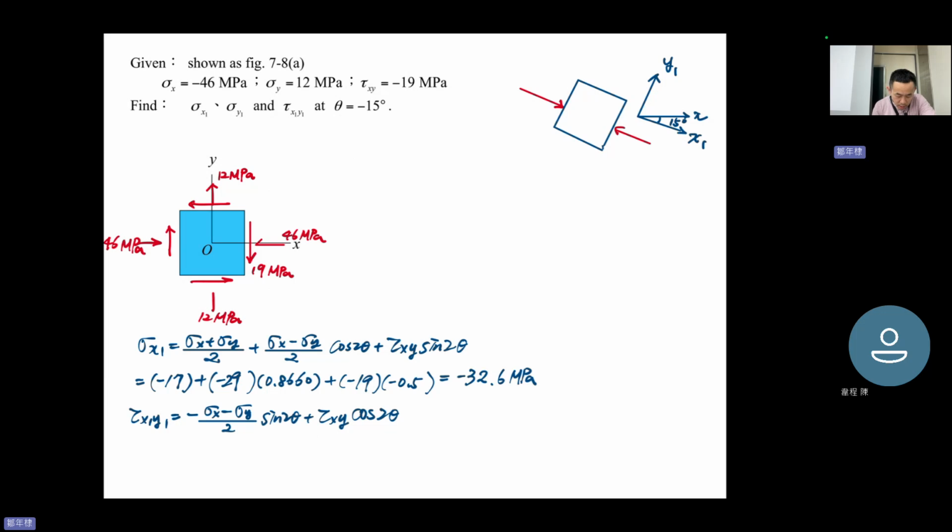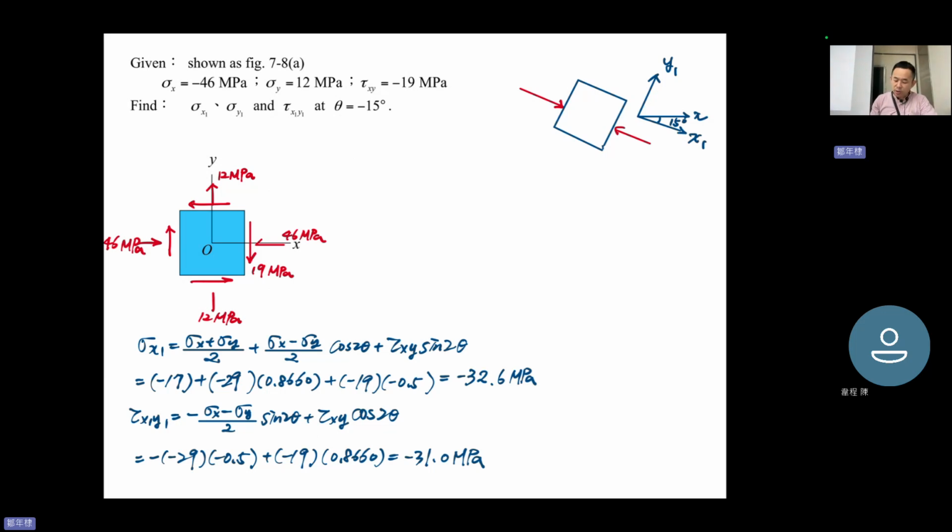So you get minus 26 minus 0.5 plus minus 16 times 0.860 equal to minus 31.0 MPa. Okay, again, tau x1 y1 is minus.